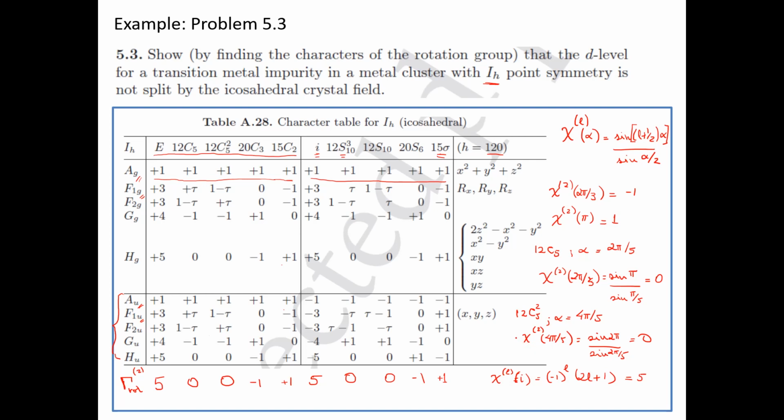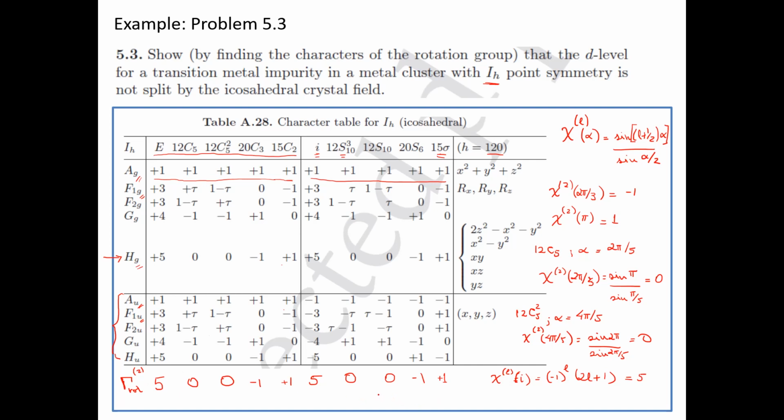So I could actually start doing this decomposition, but by inspection you can already see that this is essentially equal to the Hg representation. It's a five-fold representation, five-dimensional representation, and it's even under inversion. You can see that the characters are essentially the same.